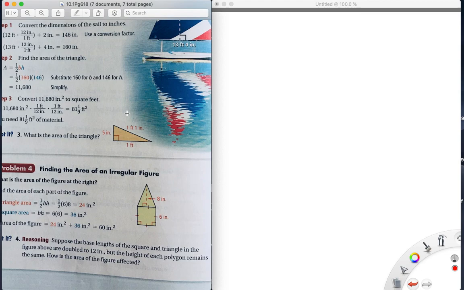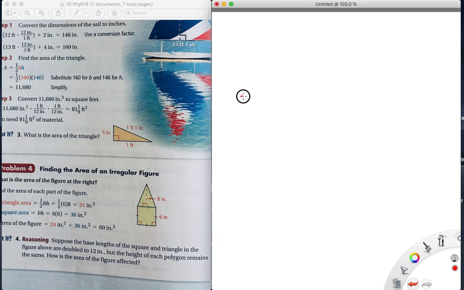So what does that look like? Instead of the base being 6, our base is now 12. But they said the height is still the same, so we'll call that 6. So this is 6, this is 6, this is 12, this is 12.